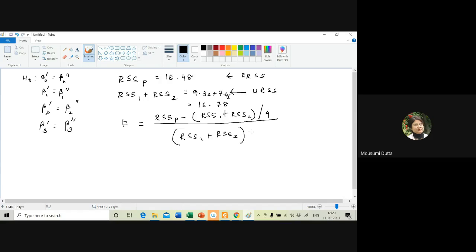What will be the degrees of freedom here? 68. So this is N1 plus N2 minus 2k. So calculate the value and tell me what is the value.